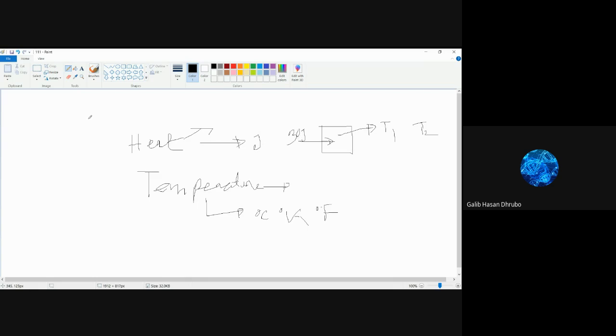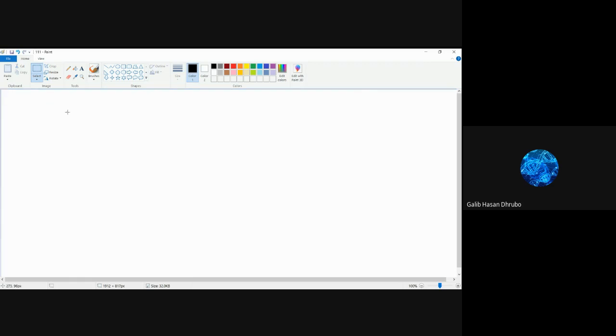Okay, now the thing is that if we try to find out the amount of heat required to increase the temperature, you have to know some formula and also some definition.